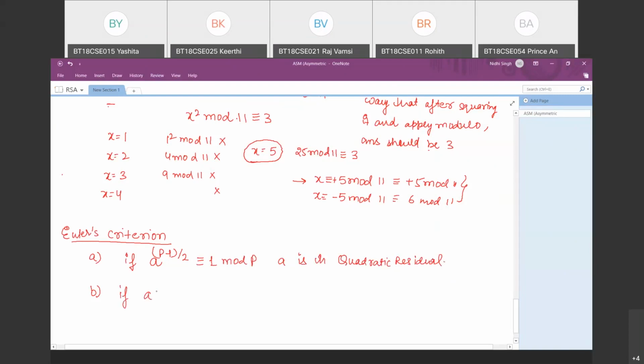If a to the power (p minus 1) divided by 2 is congruent to minus 1 mod p, then a is in the non-quadratic residue.